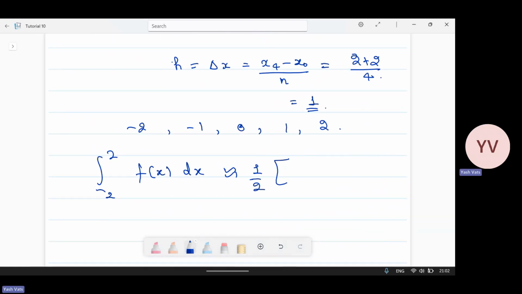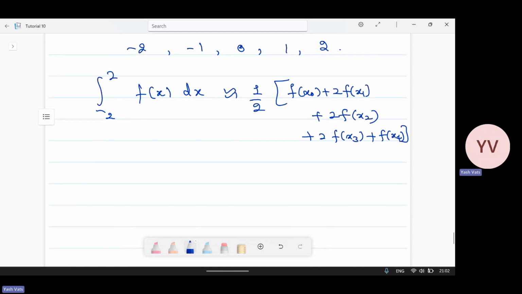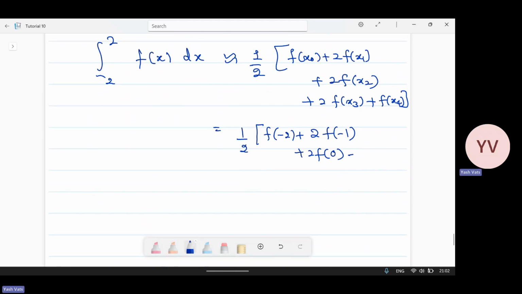plus 2 f(x2), and so on. So this is the formula which becomes like this: you will get 1 by 2 times f at -2, f at -1, f at 0, f at 1, f at 2.